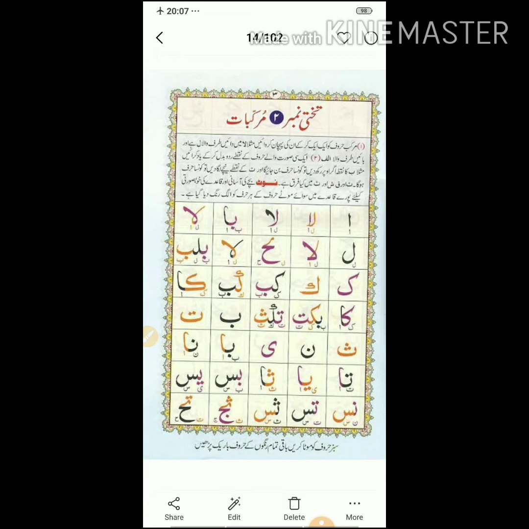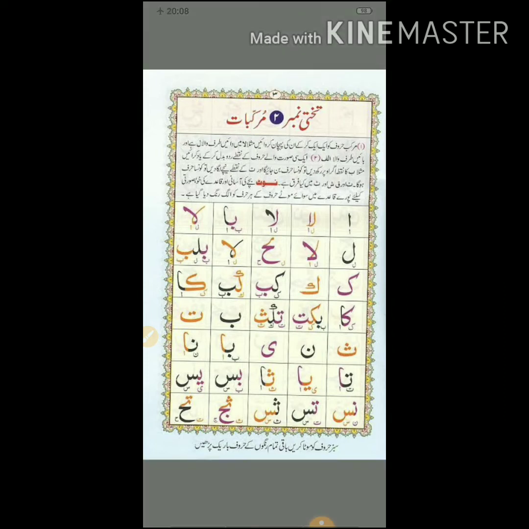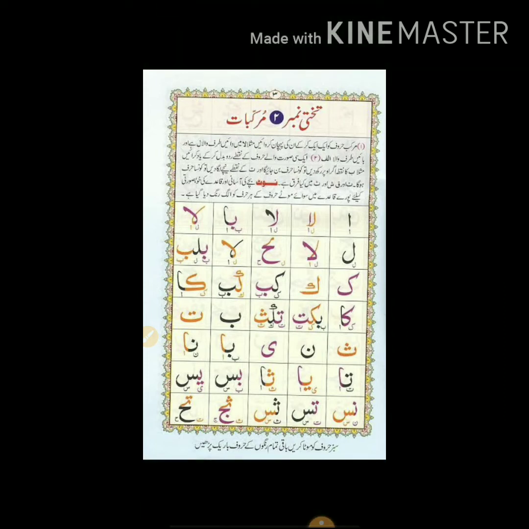Today in this video we are going to start our lecture number 2, and in this lecture I will be teaching you how we can recognize each letter, because on the screen you will notice that there are some letters which are joined with one another. So we will practice in this lecture to recognize each letter separately.